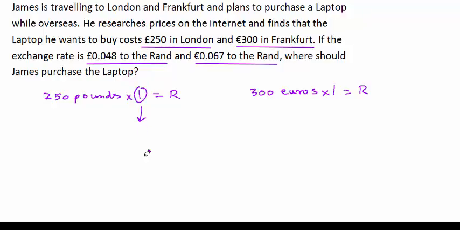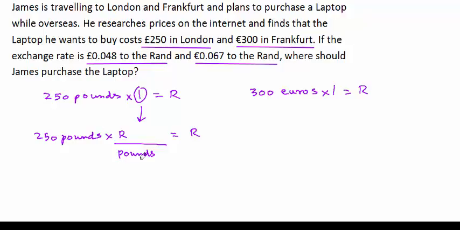over here and rewrite that as, okay, so this is 250 pounds. And remember, I'm looking for a rand on the other side. So what I'm going to do is multiply this with a certain number of rand and divide that with a certain number of pounds, so that you could cross off this pounds and this pounds.